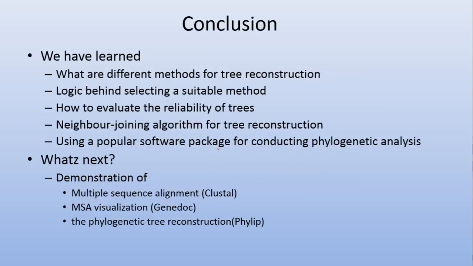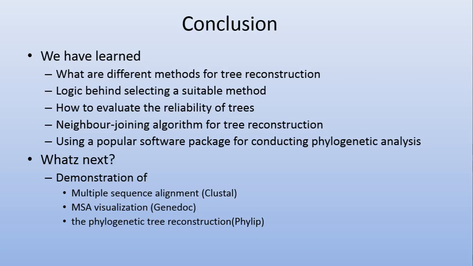Okay, so this is what I would like to conclude. We have learned the different methods that are available for tree reconstruction. We have learned that trees can be reconstructed using character based methods or distance based methods, right? We have also discussed the logic behind selecting a suitable method, when to use a parsimony based method, when to use a distance based method, or when to use a maximum likelihood method.